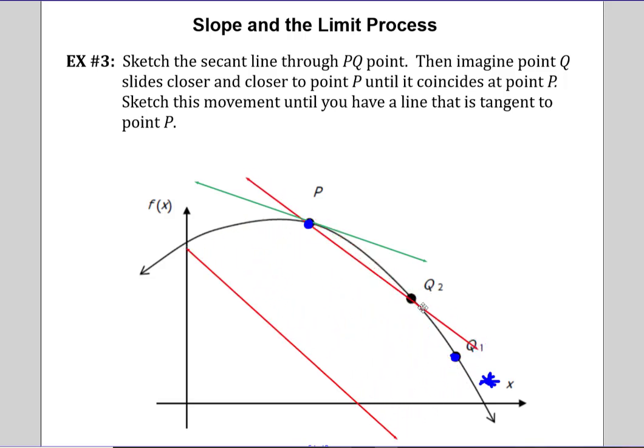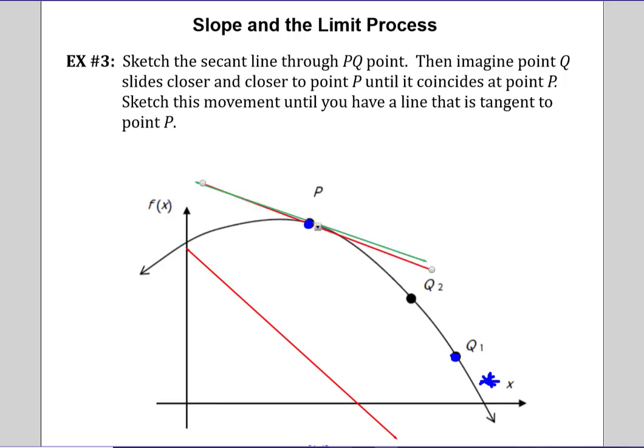The second slope is another rate of change, but if I continue to move that slope around until it's only touching point P, then that becomes my tangent line.